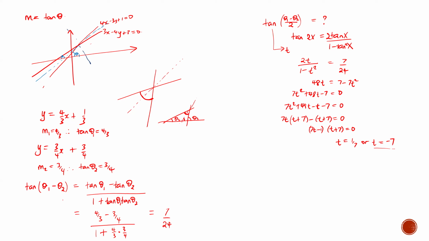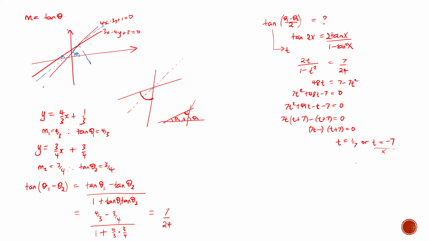But realize that our theta 1 minus theta 2 is actually in the first quadrant because it's acute based on our sketch. We are considering the acute angle between the two lines. And so theta 1 minus theta 2 is acute, and therefore half of an acute angle should still be an acute angle.